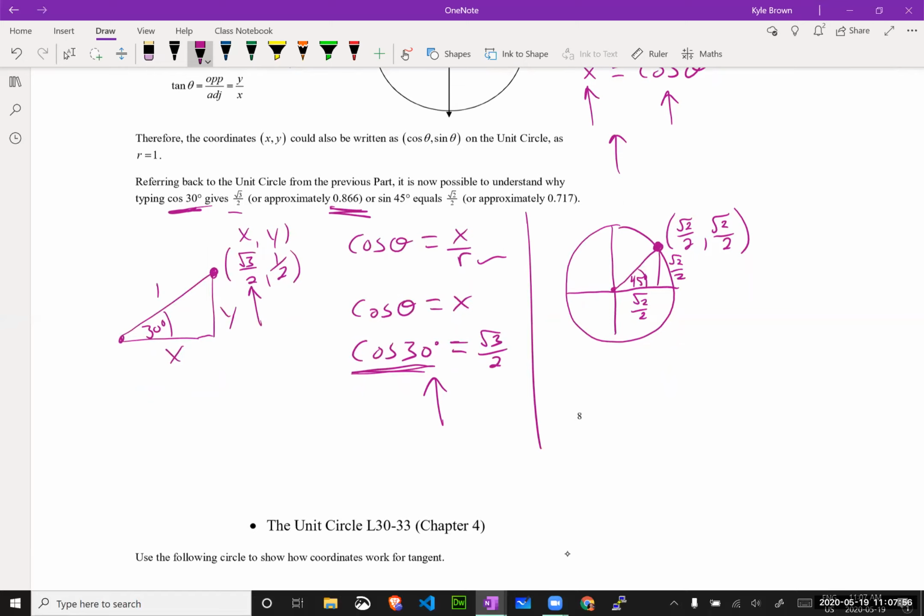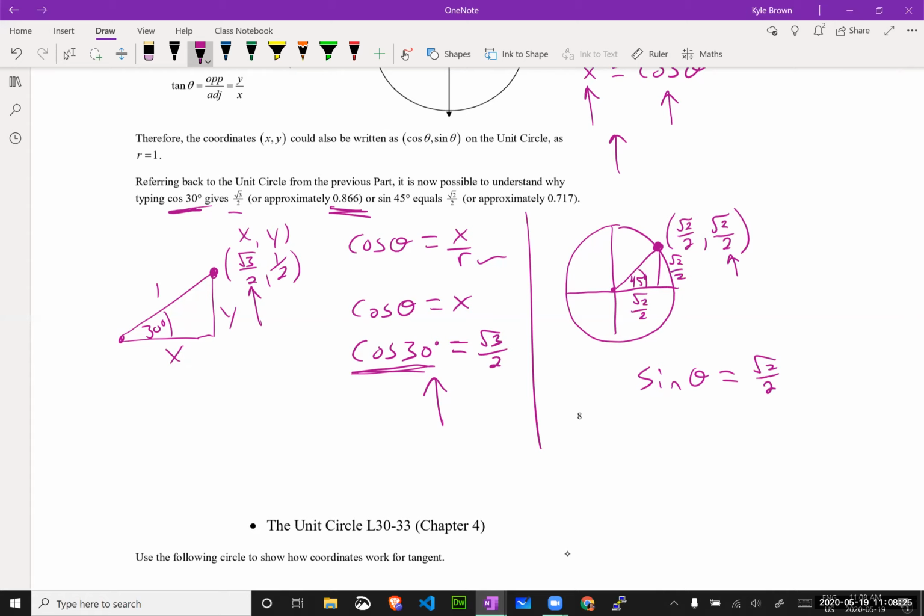So what number should we expect to get out of this? Well, it's looking for sine of 45. Sine theta is equal to the sine value there, which is going to be root 2 over 2.